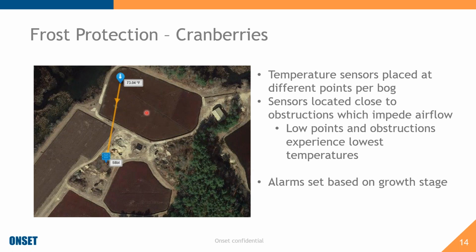Given the layout of the farm, given his history operating on these bogs, he had a good feel for where frost damage was more likely to occur first. And so, as you can see here on the map in his account, the temperature point was set at that point where he believed frost was more likely to occur first. So whenever temperature dropped below his threshold there, he would get that alarm.